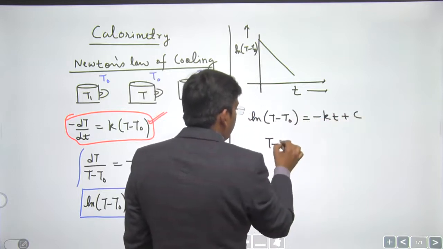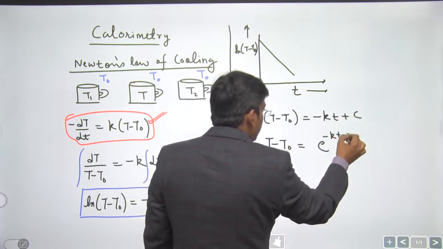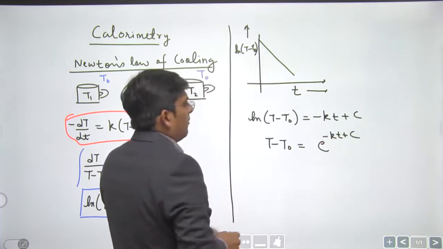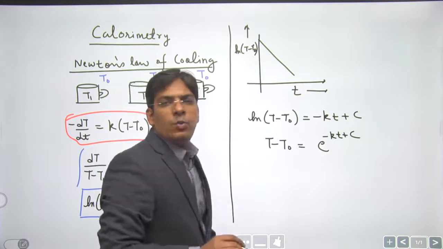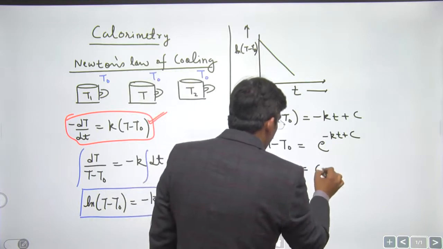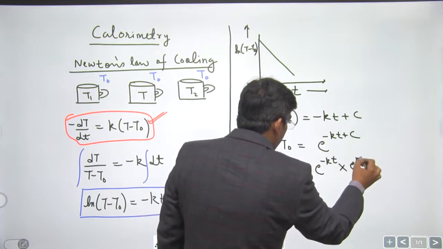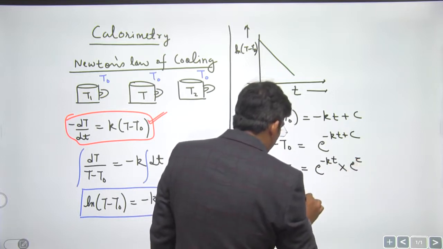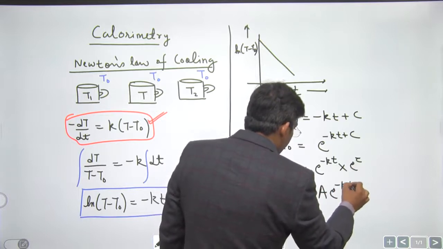So T minus T naught equals e to the power (minus kt plus C). This is the formula of maths, right? When ln goes to that side, it becomes e. Okay, right, dear students? This is T minus T naught equals e to the power minus kt into e to the power C. This e to the power C becomes a constant A, so we get A e to the power minus kt.